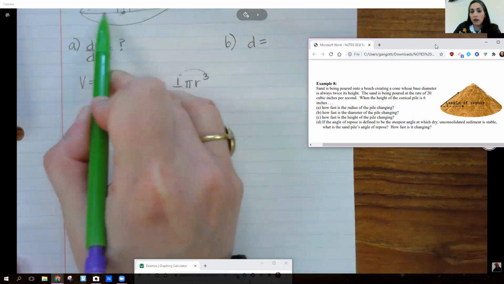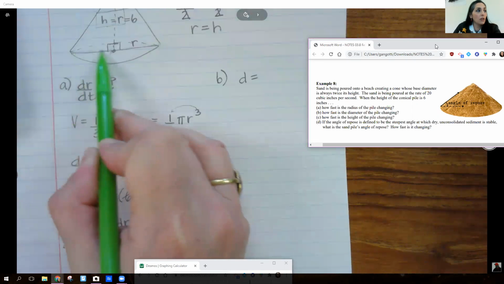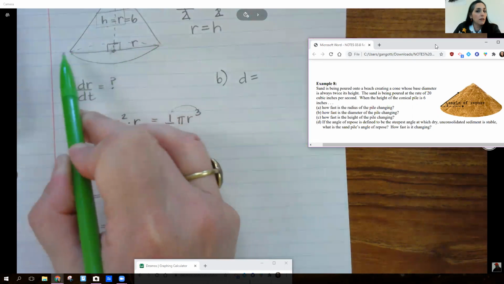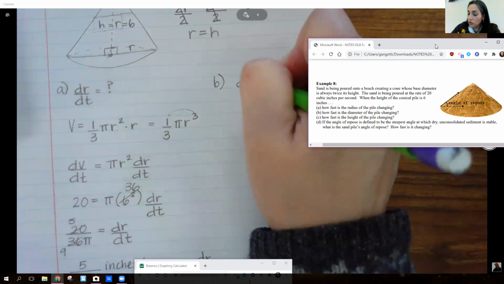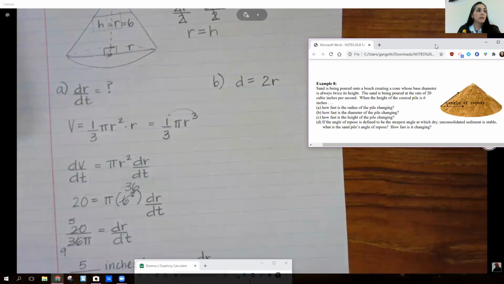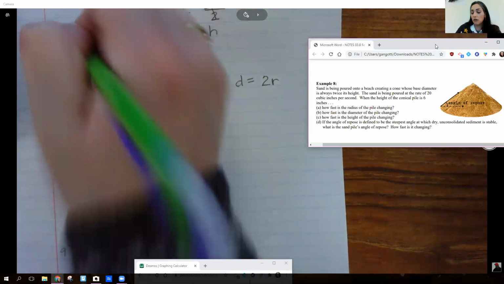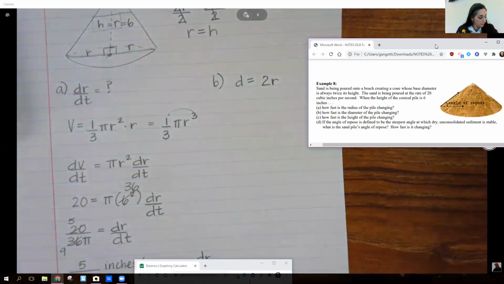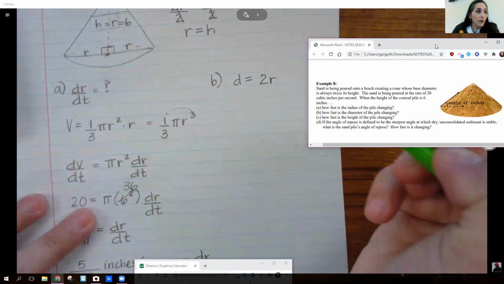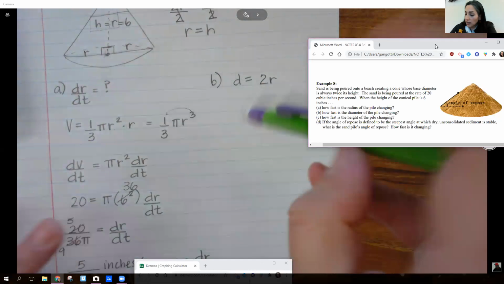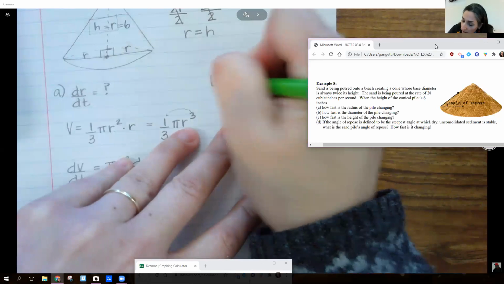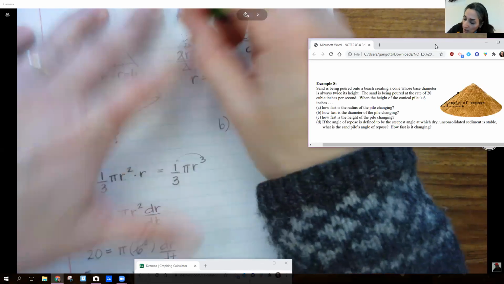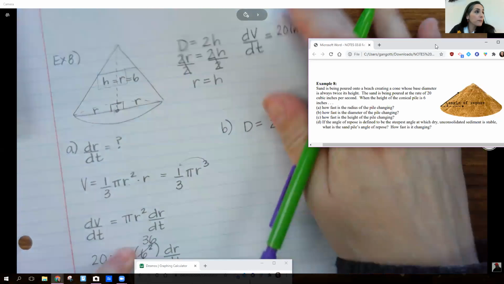D is all the way across, so D equals 2r, because this would be r. If you want to find the rate at which the diameter is changing, maybe I should have made this a capital D for diameter.